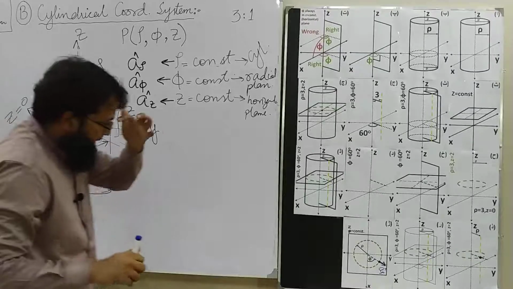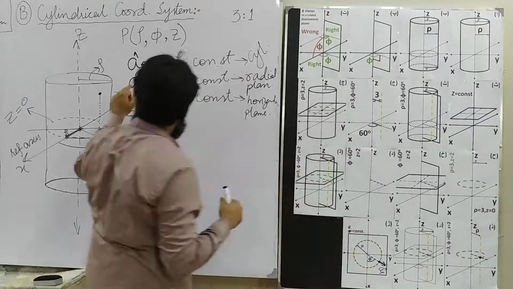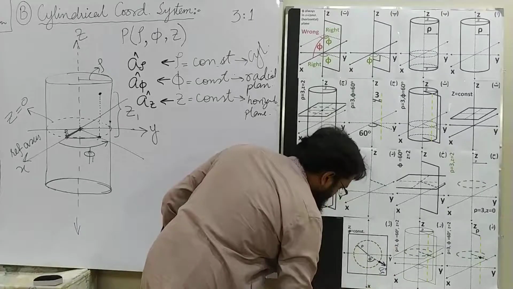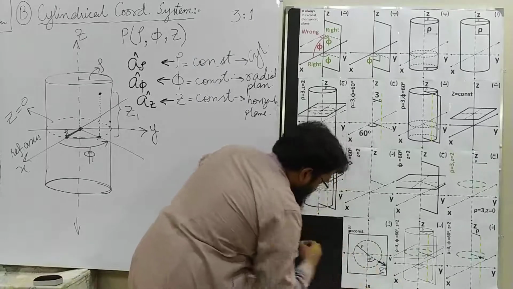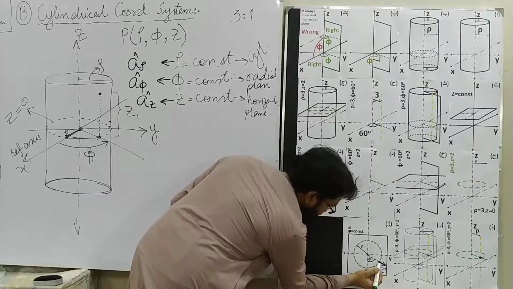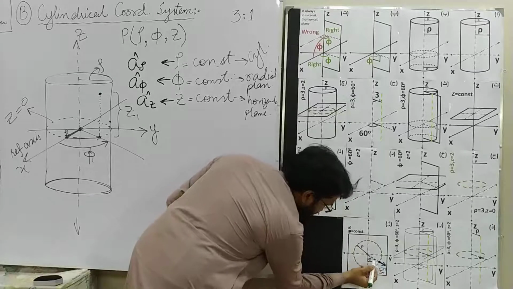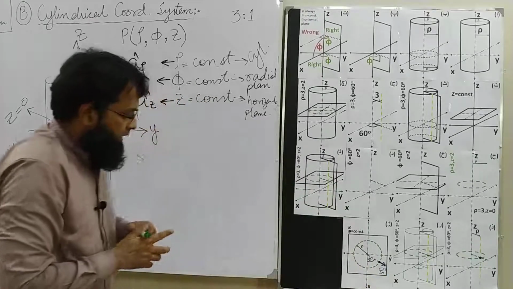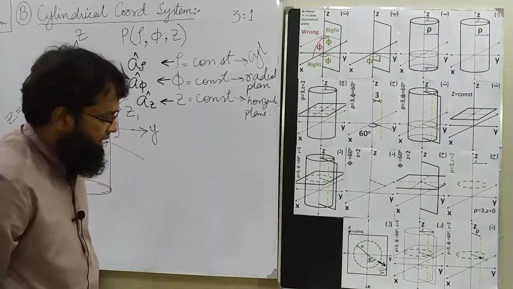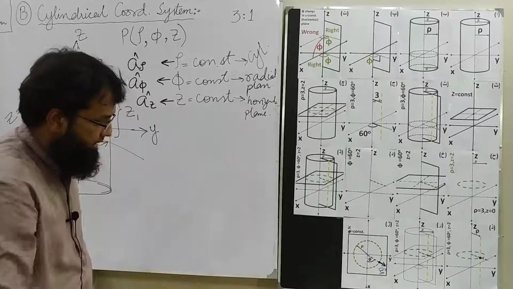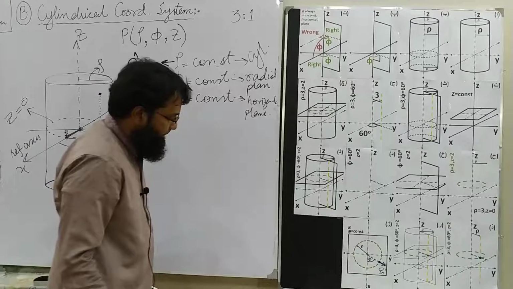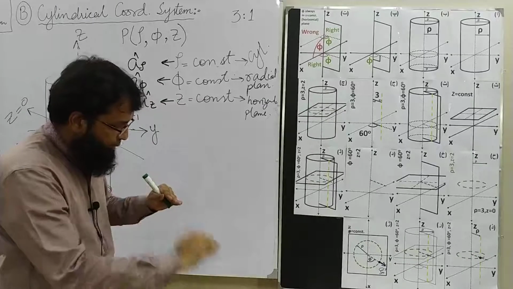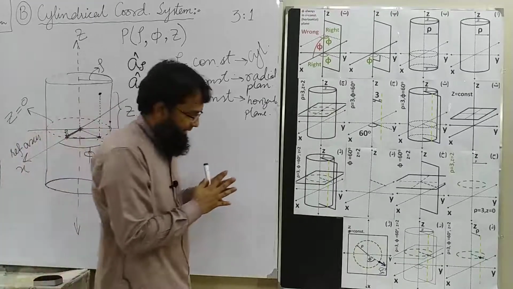Okay, and now let's talk about a phi. A phi, if I'm at this point, and we know that this blue line is phi equals constant line.